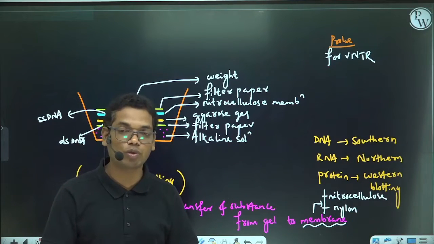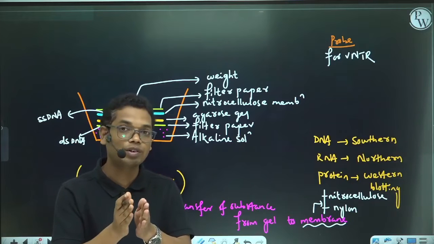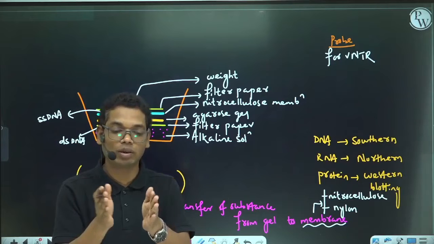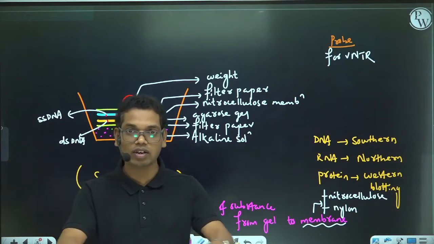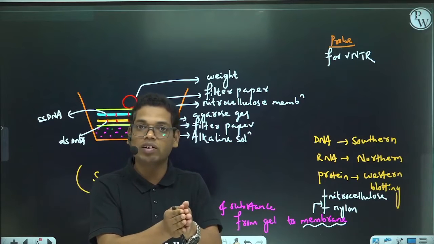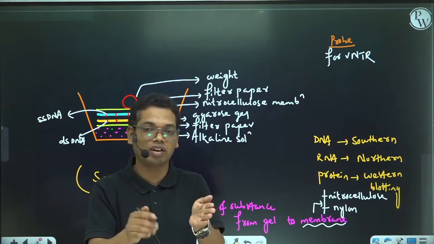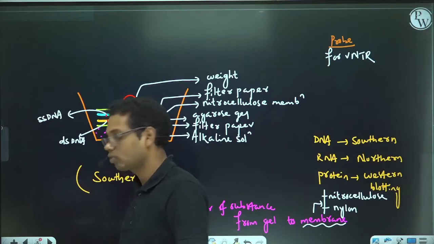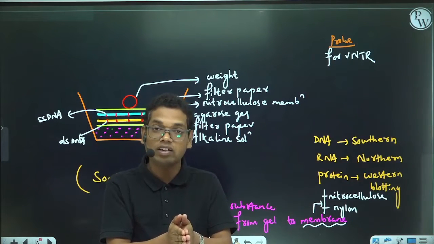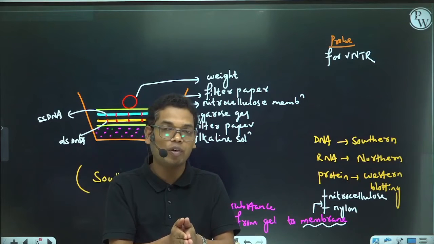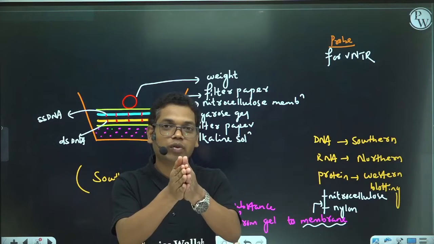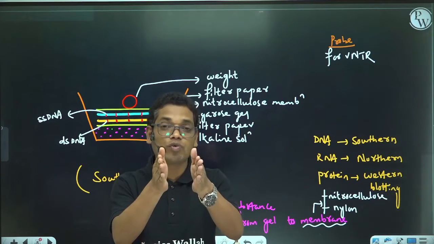Okay, and when the alkaline solution carries the DNA molecules from the gel, during this transportation, the alkaline solution will cause the separation of the two strands of the DNA. Suppose here is the gel, and DNA molecules are present, so double-stranded DNA is present. This is one strand, this is another strand. So this is double-stranded DNA present in the gel. The alkaline solution will carry this in an upward direction, and when it moves upward, it will separate, because of the alkaline solution.